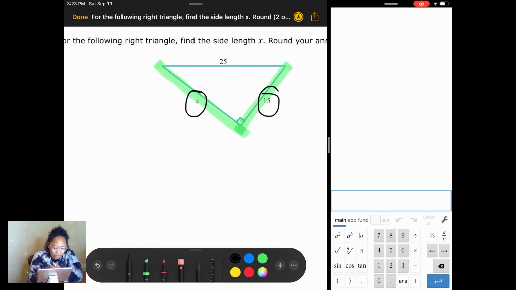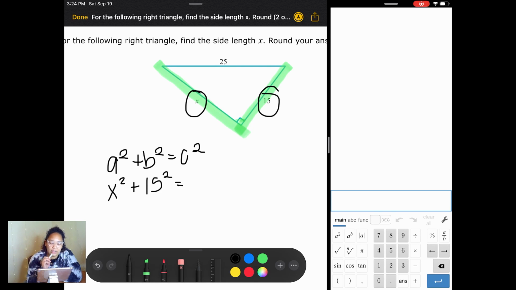So I'm just going to go here and write my equation. a squared plus b squared equals c squared, right? So I'm going to start filling that in. That's x squared plus 15 squared. And I'm going to say equals because I'm going to get to the c squared part in a second.